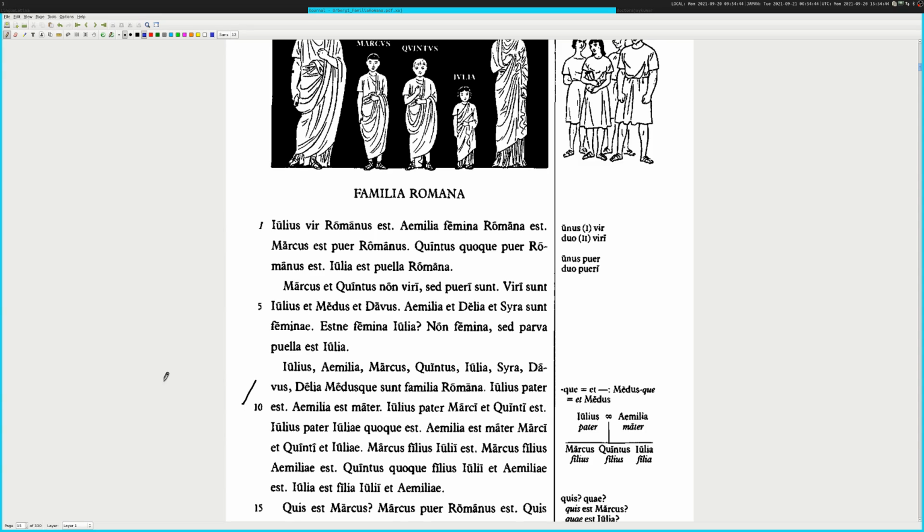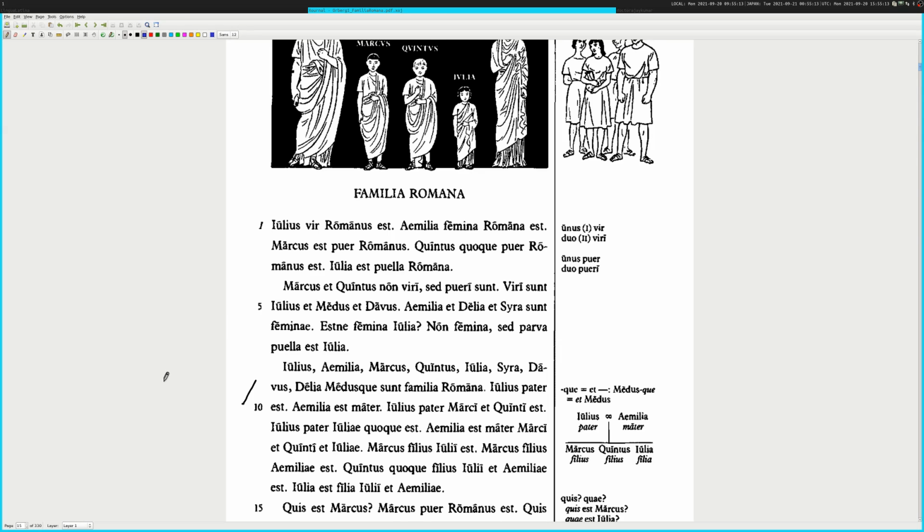Quintus is also filius of Julius and Aemilia. Julia is the filia of Julius. Okay. Let me try rereading that. Okay. Julius is the father of Marci and Quinti. Okay, so the -i is marking something as the possessive particle.